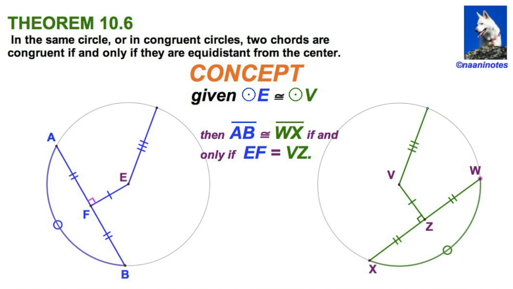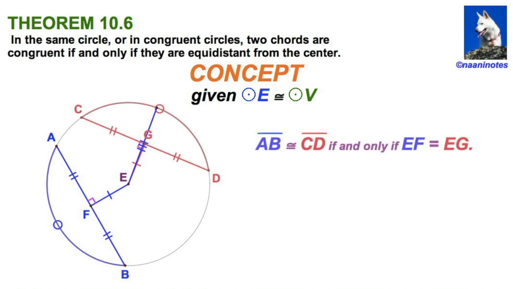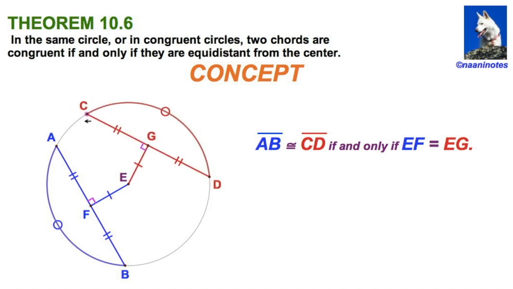It looks a lot easier if we look at the more common case and let's say in the same circle. Now, in the same circle, I'm going to say these two chords are congruent if they are the same distance. That is, if these two are the same, then the chords CD and AB are the same.